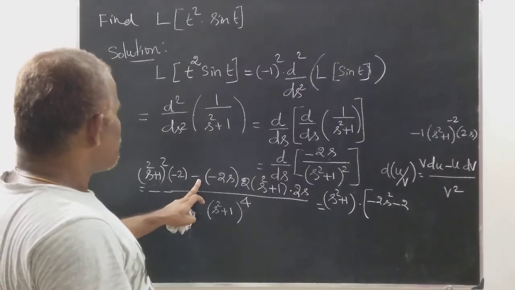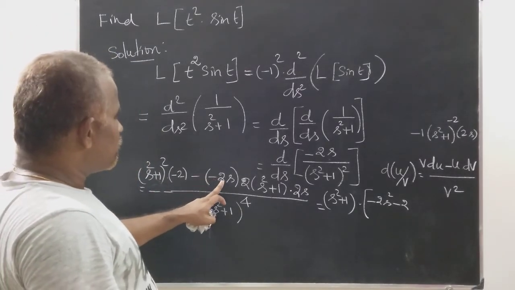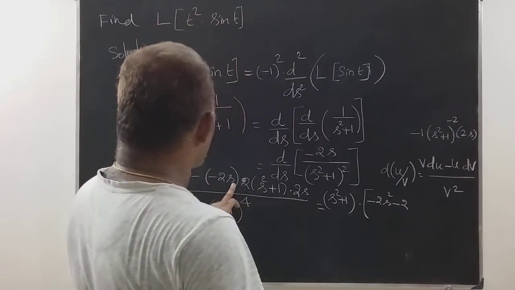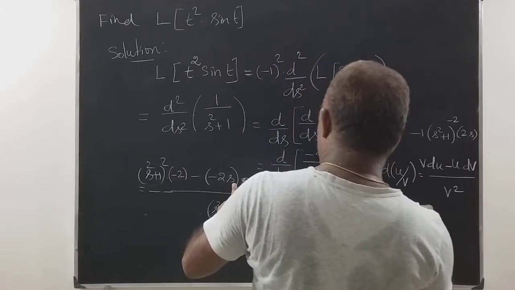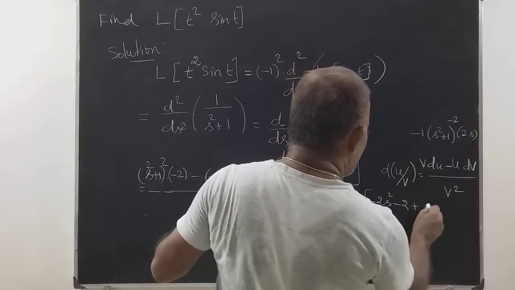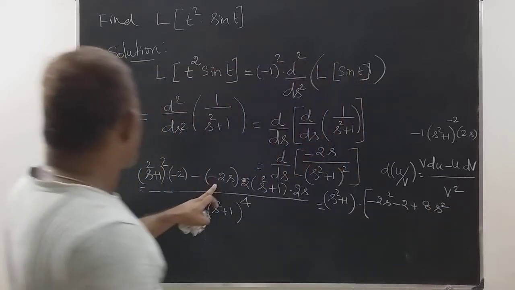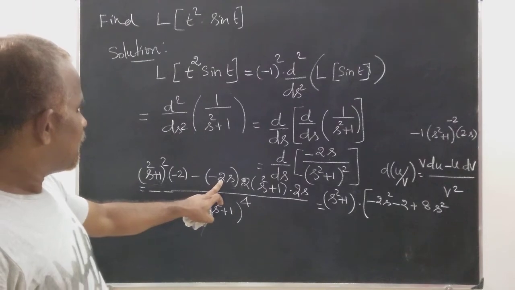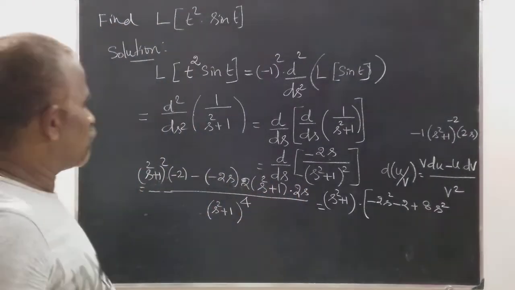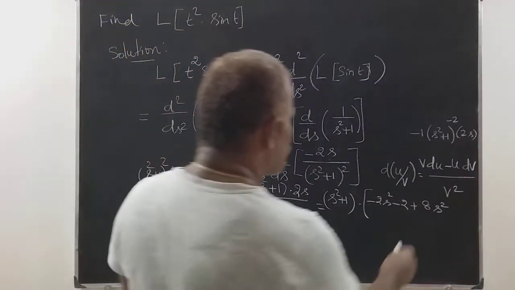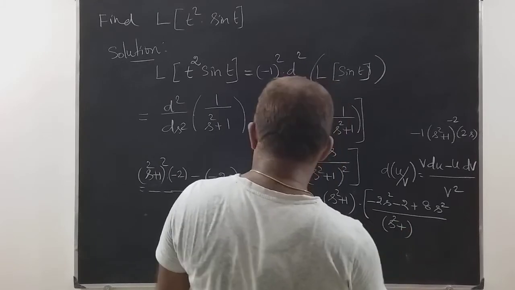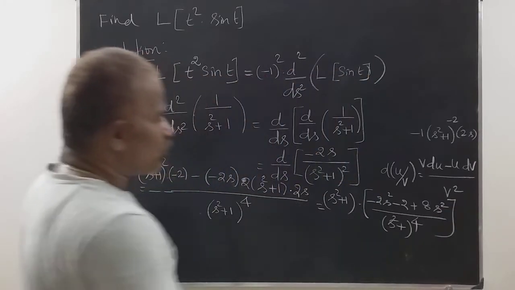Here minus into minus is plus 8 s squared, because minus into minus plus, 2s times 4s gives 8 s squared. s squared plus 1 will come out. So therefore 8 s squared divided by (s squared plus 1) the whole power 4.